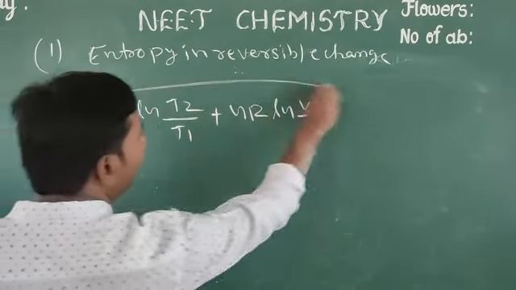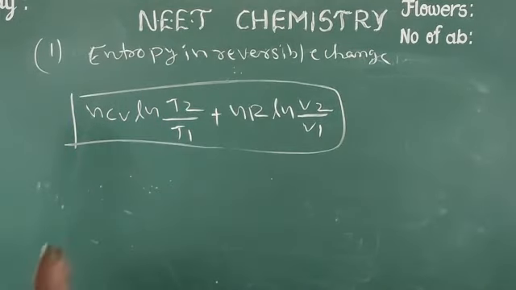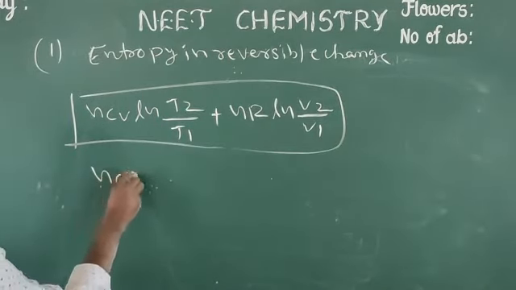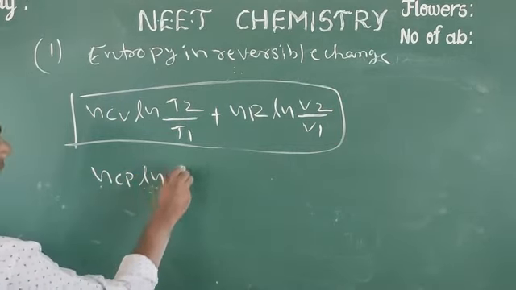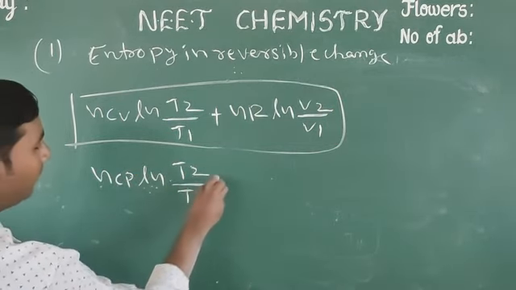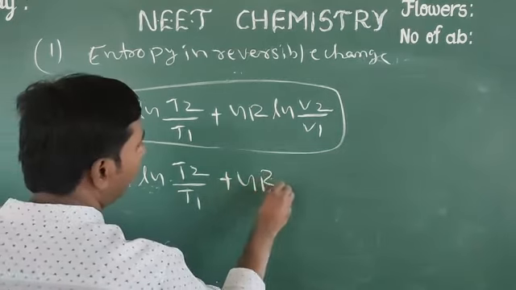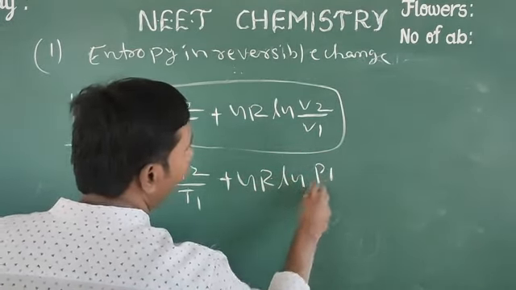This is the total formula. Otherwise, n Cp ln T2 by T1 plus nR ln P1 by P2.